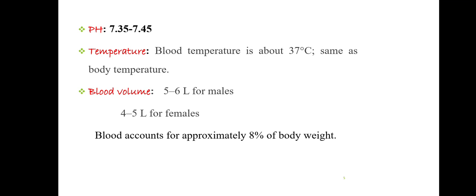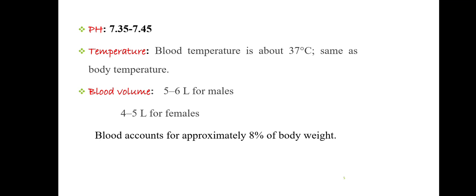And then when we go to the blood volume, it is just looking at how much blood you have in your body. Blood is a liquid, but when you calculate the total volume of blood, how much should you have? There is a difference in volumes between males and females.